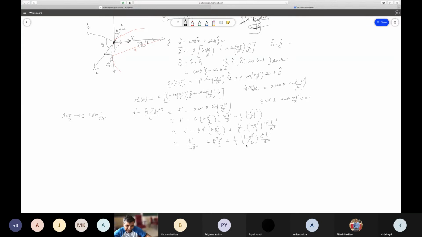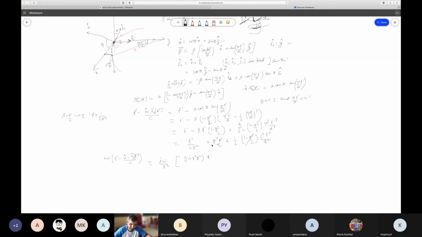So I can ignore this term because anyway this is small. This is higher order. So what I have is iota omega times t prime minus n hat dot r t prime by c. This is equal to iota omega by 2 gamma squared times 1 plus gamma squared theta squared times t prime, right?